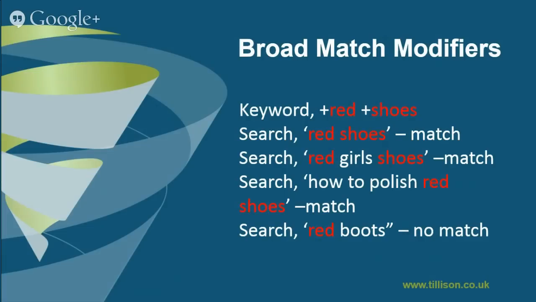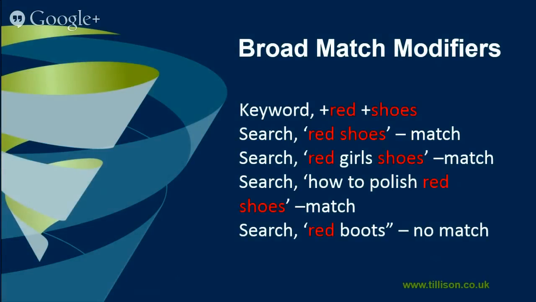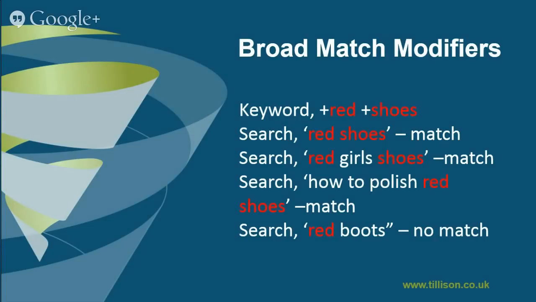I mean, the only time this is good is if you had a location campaign. So if you wanted to target Hampshire and you had, I don't know, football boots Hampshire. So you had plus football, plus boots, and then Hampshire on its own.